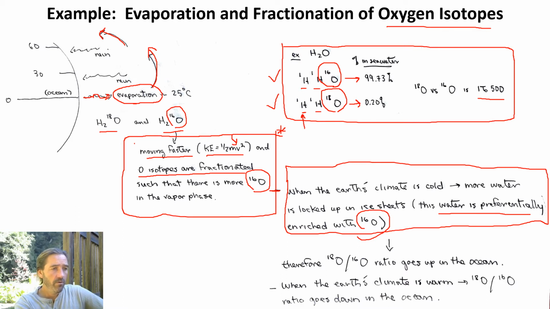So what that means to us then is that the oxygen 18 to oxygen 16 ratio goes up in the oceans during this time. And also we could say too that when the Earth's climate is warm, the ratio goes down in the ocean.